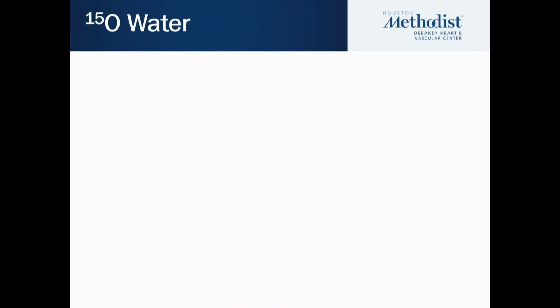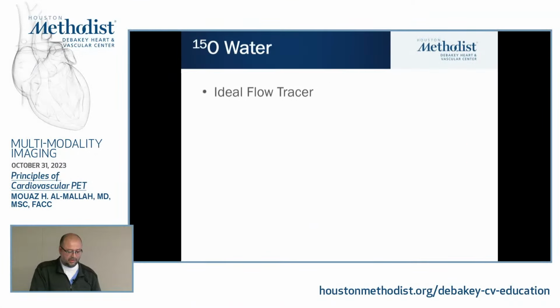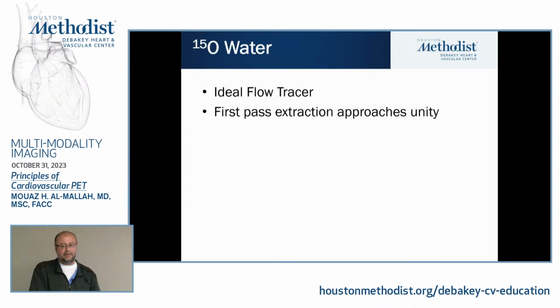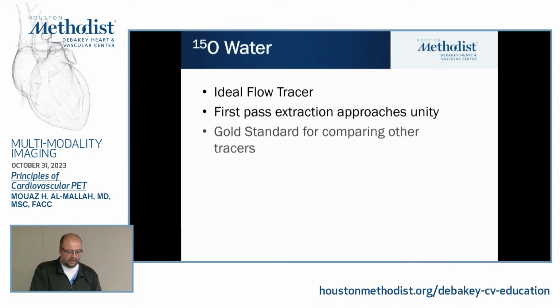So let's dig a little bit deeper on these radio tracers. Again, we talked about O15 water. It's the ideal flow tracer, and its first pass extraction is unity, which is almost linear. All studies were initially tested against microspheres, and now whenever you come up with a radio tracer, you compare it to O15 water in terms of extraction.